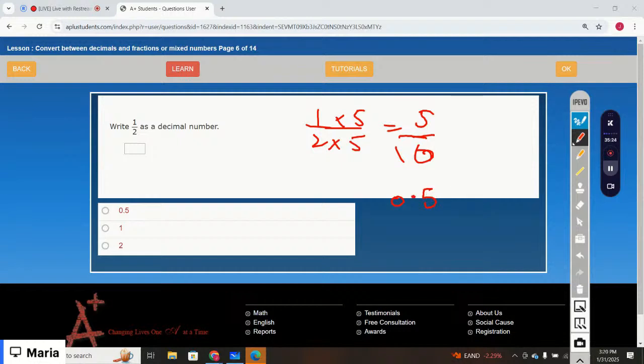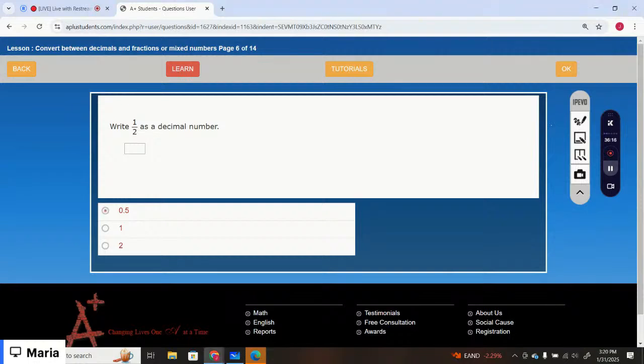Option number one is the correct option. That is 0.5.